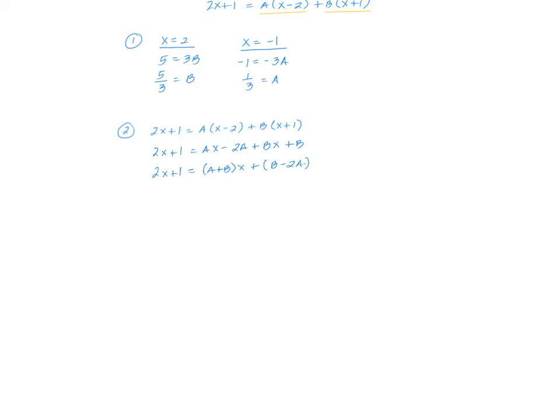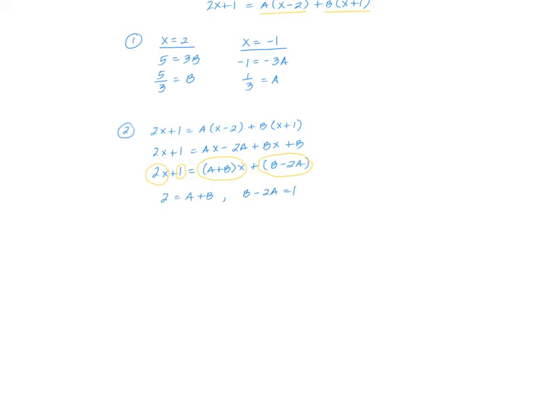Now, in order for this equation to be true, it must be true that the x's match up and the constants match up. And the only way that's going to happen is if 2 is equal to a plus b and b minus 2a is equal to 1.